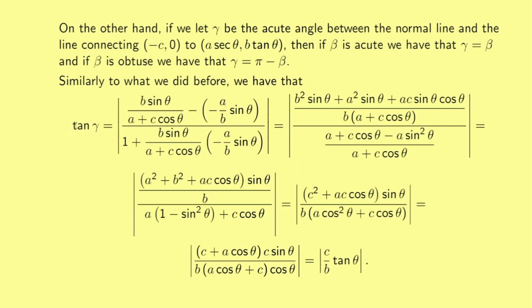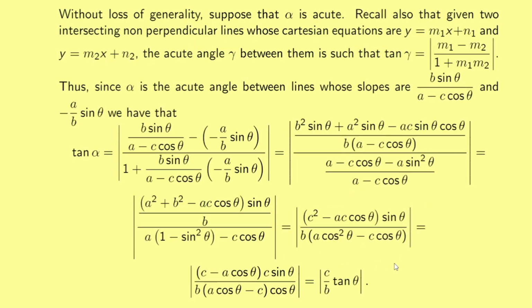So we get that the tangent of gamma is given by this formula. Again, we do a bunch of calculations, so you can pause the video and see if you understand all the calculations. And we obtain again that the tangent of gamma is the absolute value of C over B times tangent theta, which is the same value we obtained for tangent alpha.